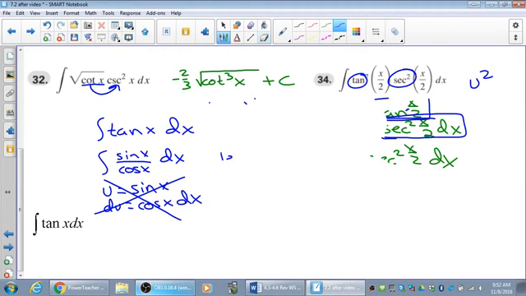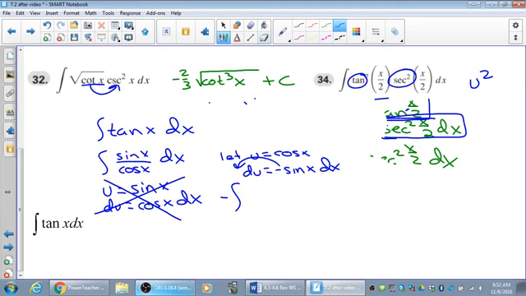So we're going to let u equal cosine of x. du is equal to negative sine of x dx. We have sine in this. All right, so I can put u in for anything. Now we have negative, because I got to get the negative over the other side.